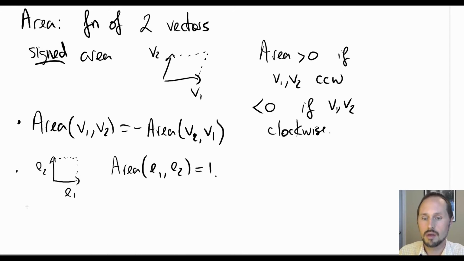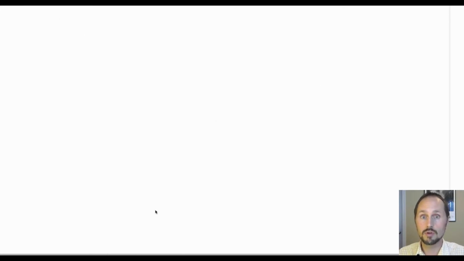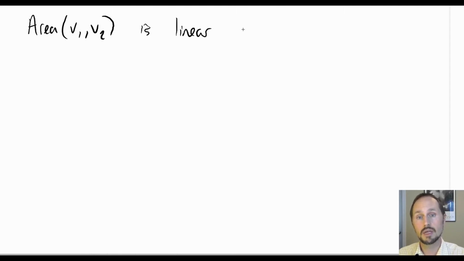The last property actually has 2 sub-properties that I'm going to describe in a second. Let's justify the third property, which is that the area of v1 and v2 is linear in each argument.